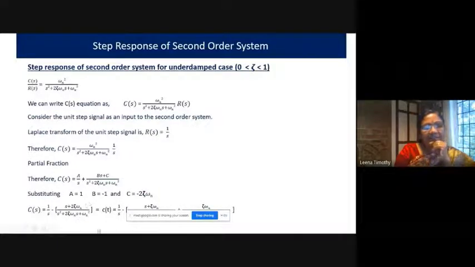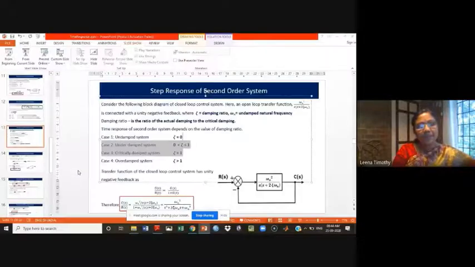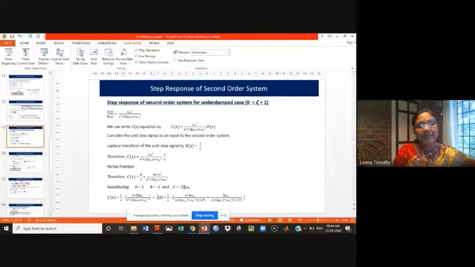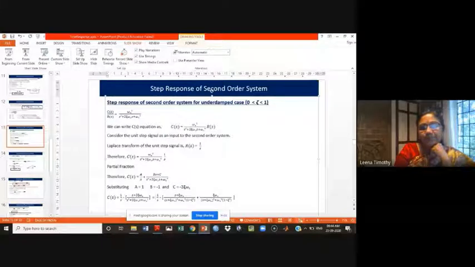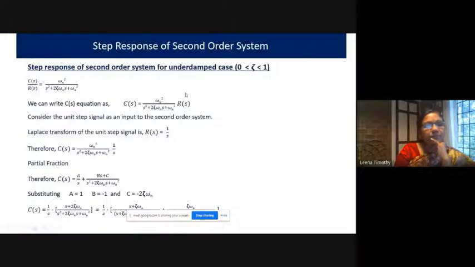We can write this same expression as C of S is equal to 1 by S minus, split this.